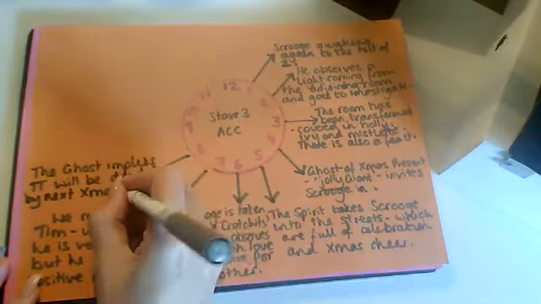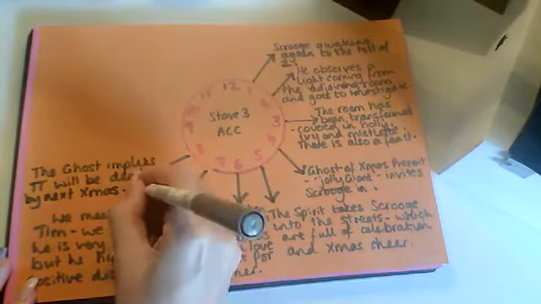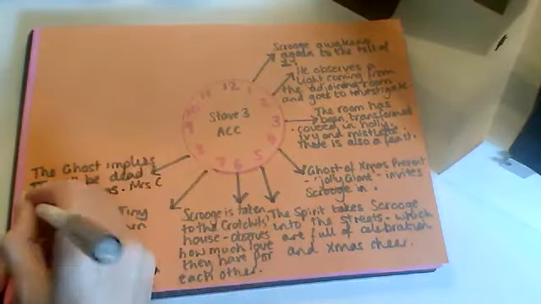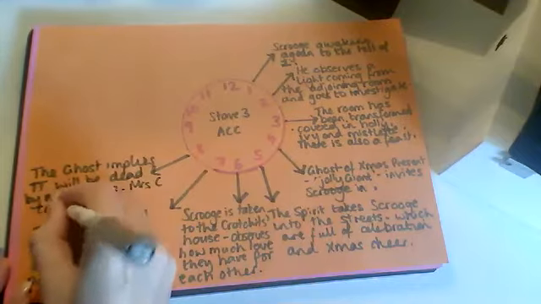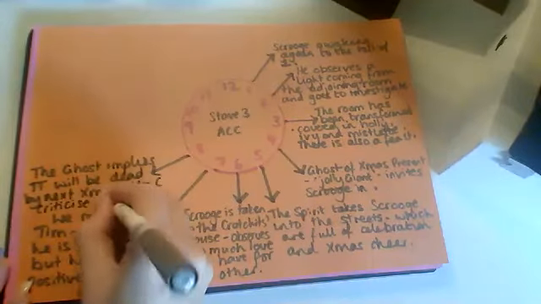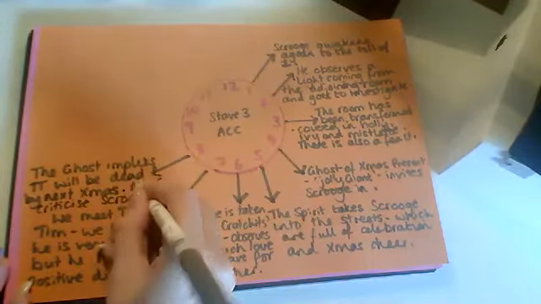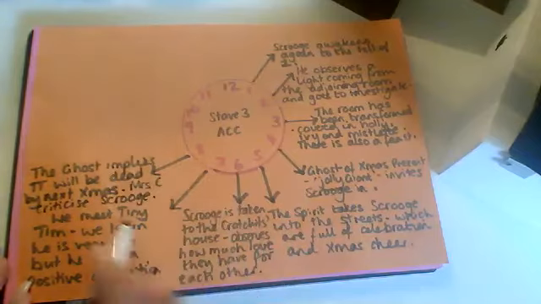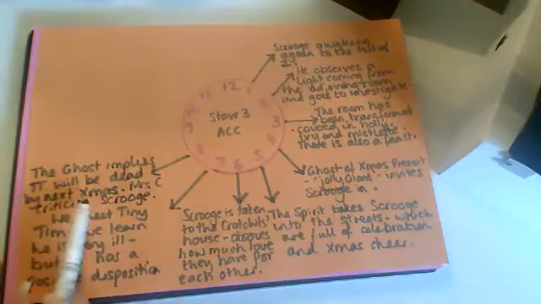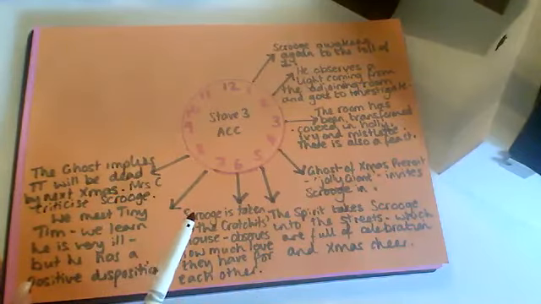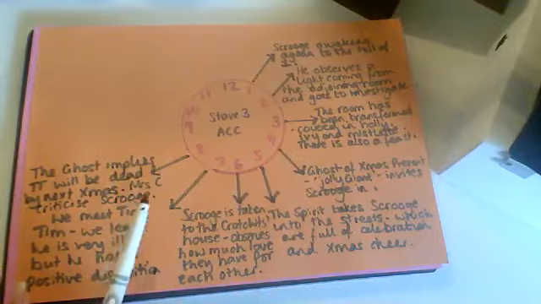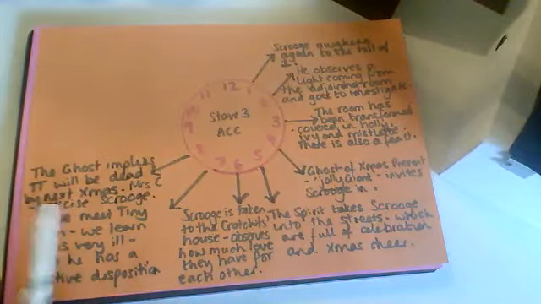Okay, and also in this point, Mrs. Cratchit criticises Scrooge. Sorry if that's a little bit squashed. You can always go back and just repeat what I've said. Okay, so the ghost implies Tiny Tim will be dead by next Christmas, and Mrs. Cratchit criticises Scrooge. Okay, because Bob suggests raising a toast to it.